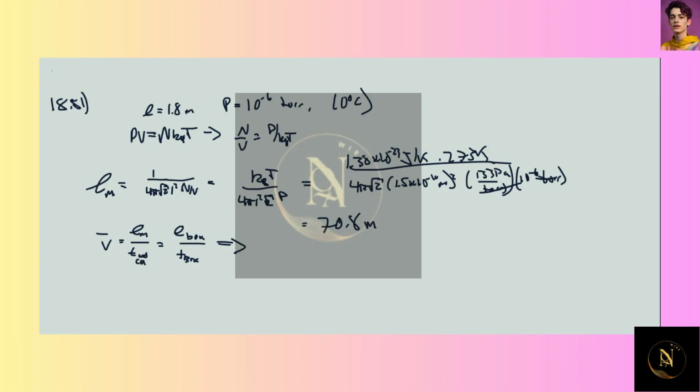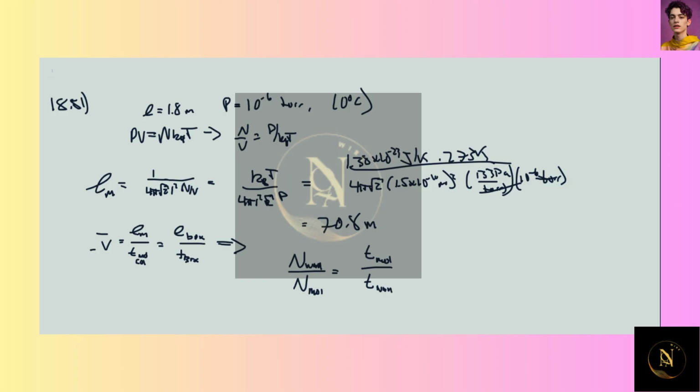So we can also relate this if we know that the times and lengths are related this way. We can relate the number of collisions now to N wall collisions over N molecule collisions. And this should equal t_molecule over t_wall.